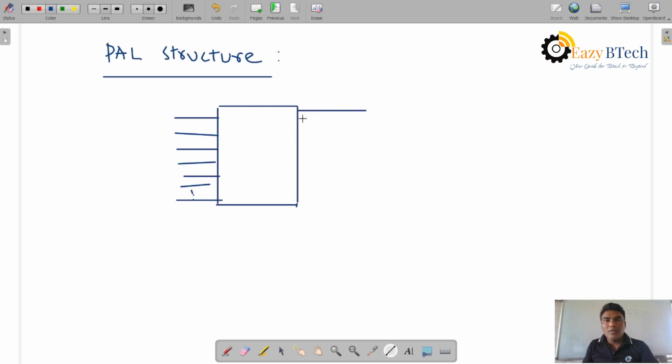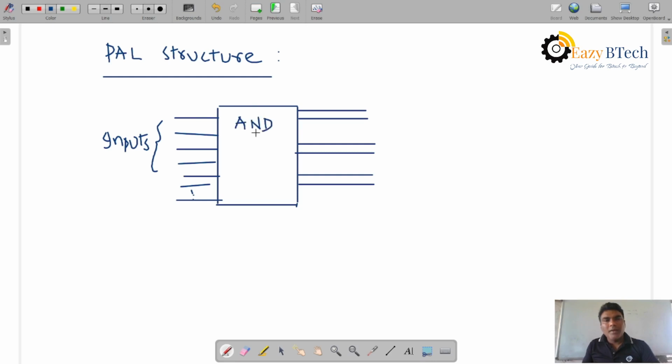Outputs are OR gates, which are fixed OR gates. Two to twenty inputs may connect to a single OR gate. The inputs are given to this AND plane, or AND gates, and we connect the external OR gates.